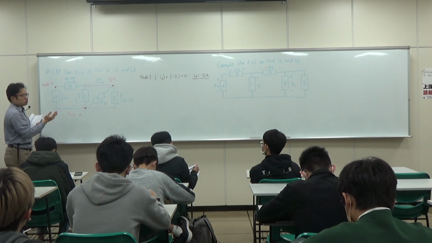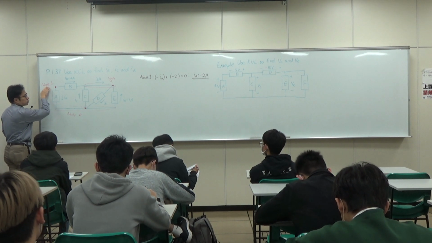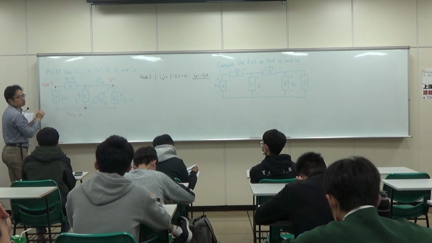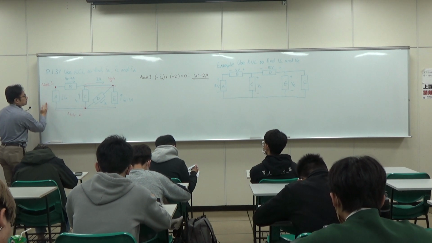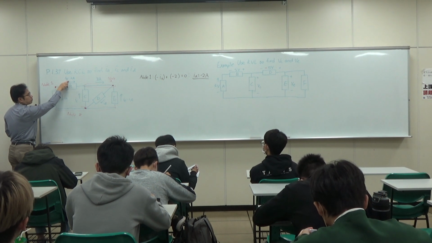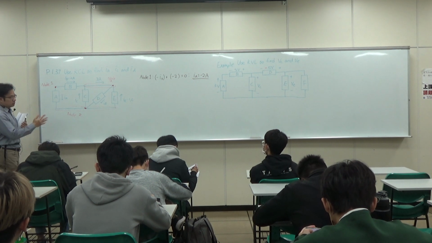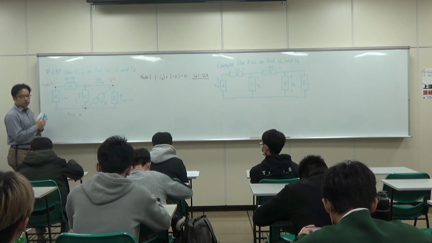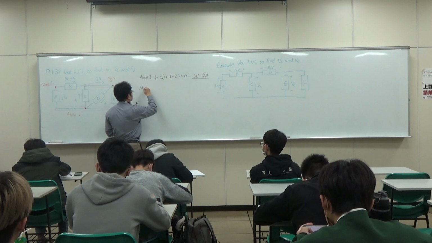Another explanation could be the current flowing into node 1 equals the current flowing out from node 1. So since IA is minus 2A, it's 2A flowing into node 1, which equals IB, the current flowing out from the same node. Okay, this is the first equation we can receive from node 1. And then we look at node 2.